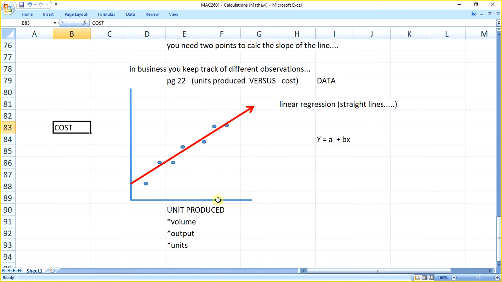Because remember, x is the units produced. If I substitute x in using the b, which is the slope, as well as the constant a, which is the y-intercept, I'm going to get the corresponding cost for that particular item. Make sense? Yes. Okay, and that's what you're looking at in this particular chapter.